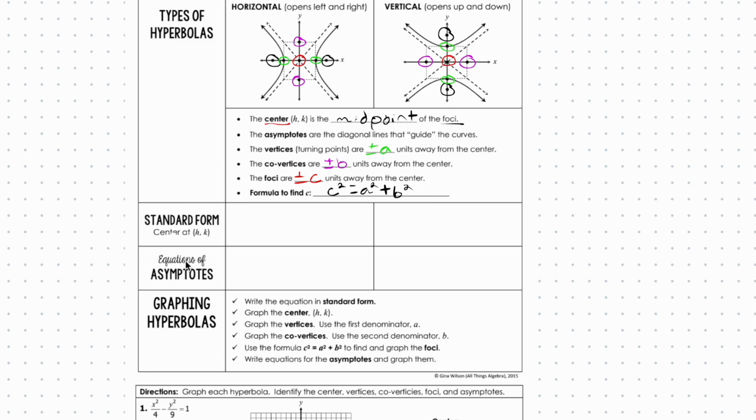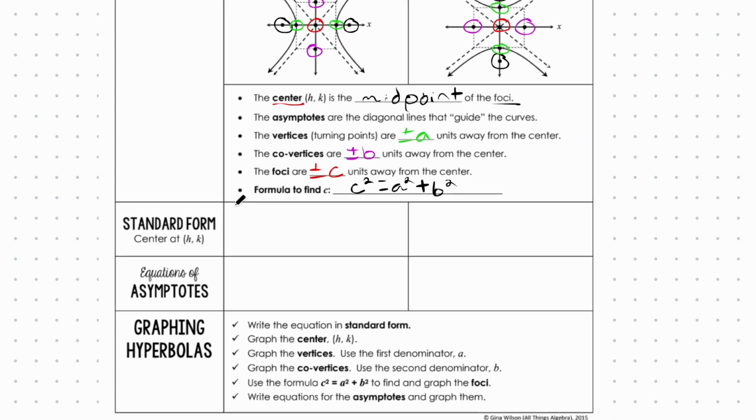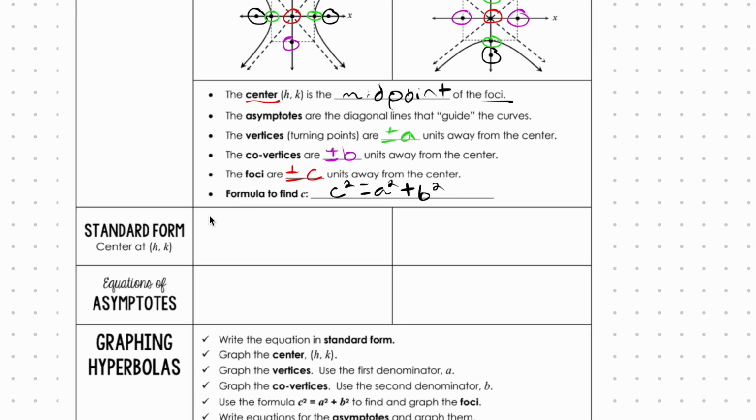Okay, so for the standard form of a hyperbola, it's going to look very similar to that of an ellipse, but we're going to have one difference, and that's a subtraction sign. Our standard form equation is going to be x minus h squared over a squared, but now instead of a plus, we're going to have a minus, y minus k squared over b squared equals 1.